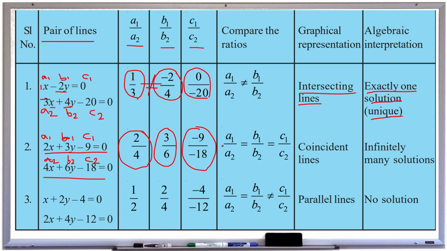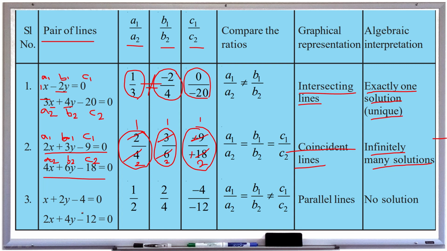Now you see a1 by a2 is equal to b1 by b2 is equal to c1 by c2, because you can cut: 1 by 2, 3 ones are 3 and 3 twos are 6, so 1 by 2; minus 9 by 18, 1 nine is 9, 2 nines are 18, so 1 by 2. All are equal. So we can say the lines are coincident lines, and it has infinitely many solutions.